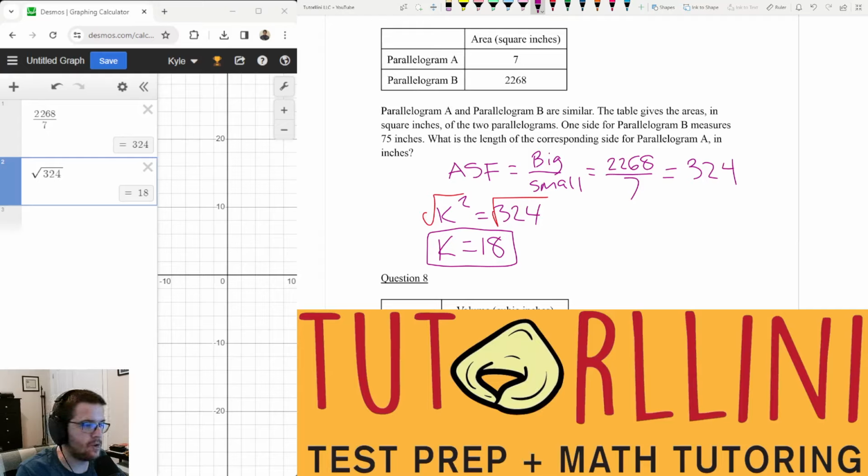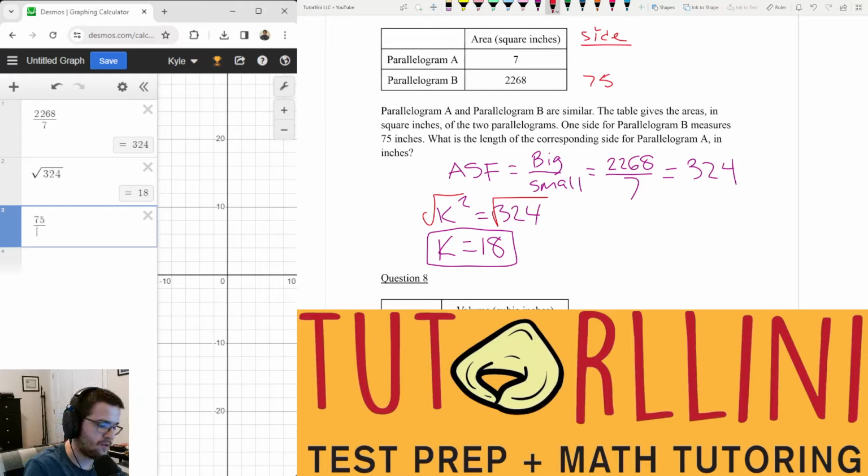And the question's asking us about sides. So we are going to use the linear scale factor because that's a linear measurement, side length. And parallelogram B is 75 inches. So to get the smaller one, we're going to divide.